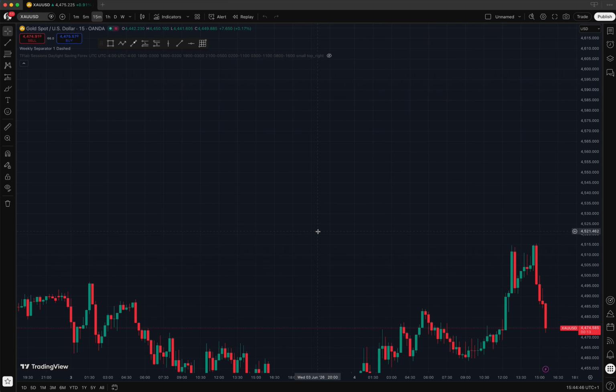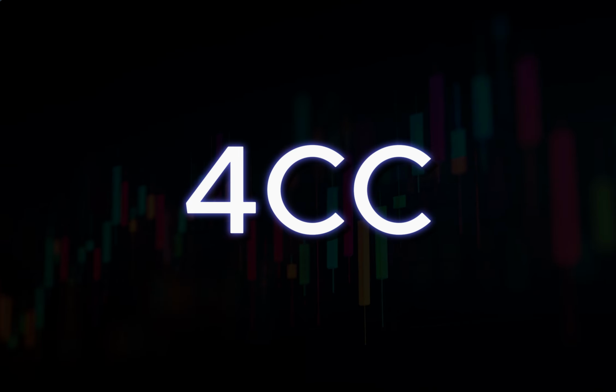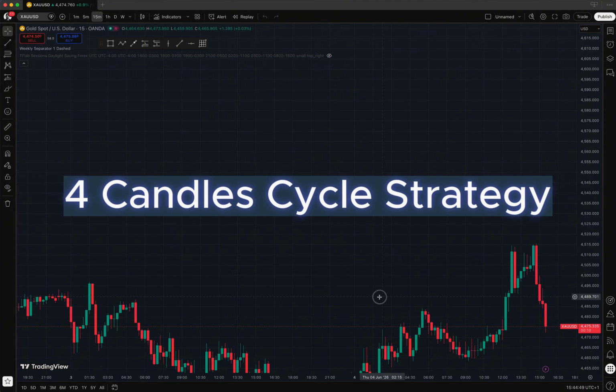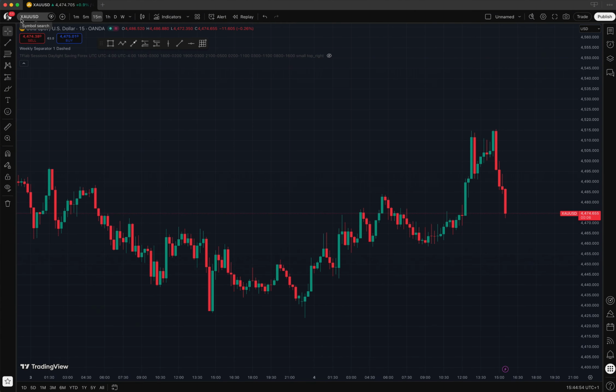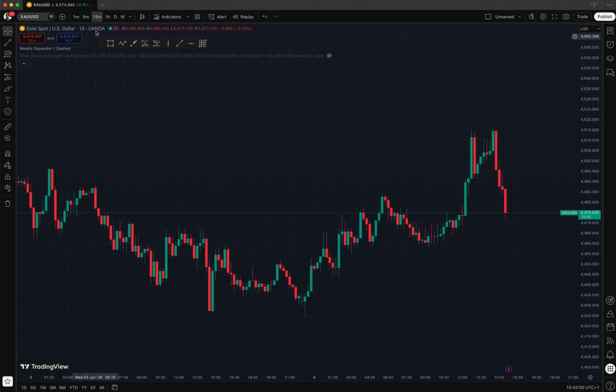Hey guys, so today I will show you my strategy to trade gold. So here you can see I'm using the Oanda graph, but I don't trade with Oanda.